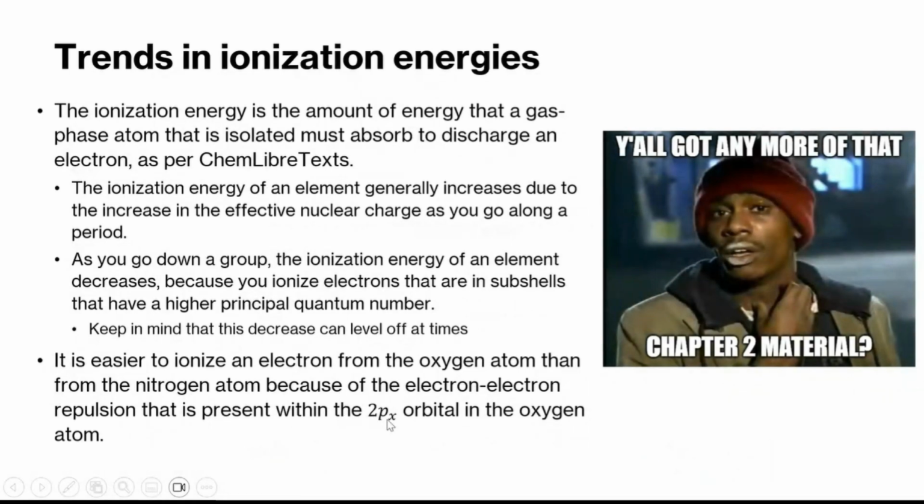I think it should be 2py for the oxygen atom. So those are some of the trends in ionization energy. Across a period, it increases. Down a group, it decreases. But if you're going from nitrogen to oxygen, just keep in mind that exception, that oxygen has a lower ionization energy due to electron-electron repulsion.